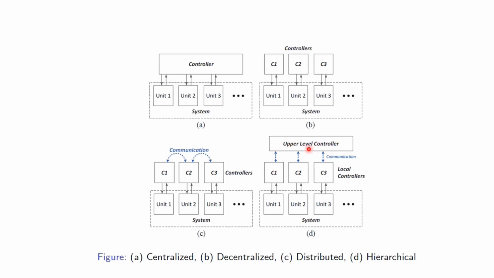Whenever this upper level computer, which I can call the very big master BMS, fails, automatically the local controllers take over the control actions. Even if it fails, the system will still continue to run in a fault mode, with a warning message, and it will try to shift to its own control mechanism. So at present, the system is going at either C or D level, either distributed or hierarchical systems.